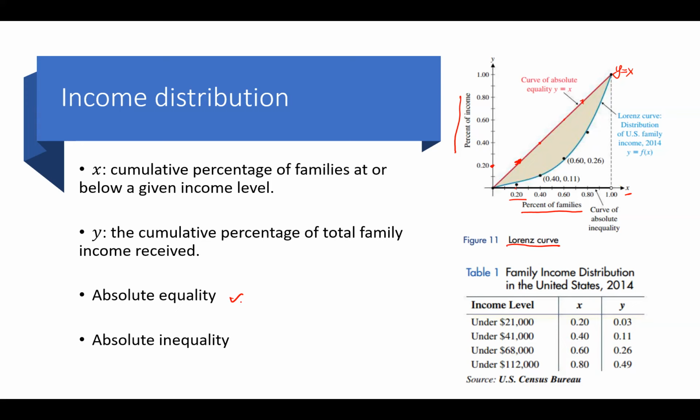In reality, for the same percentage of families, the poor, low income families are drawing the line down. So it is drawn down to these points, meaning that their income gets distributed to the higher income families. That's why the percentage of income is drawn down to a lower point.